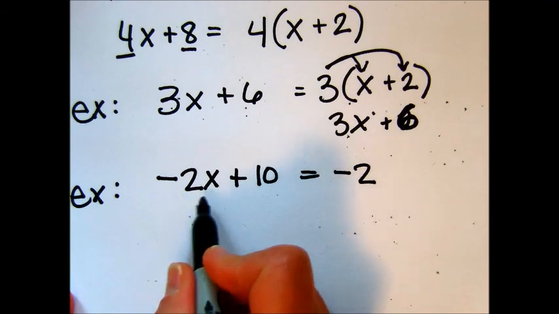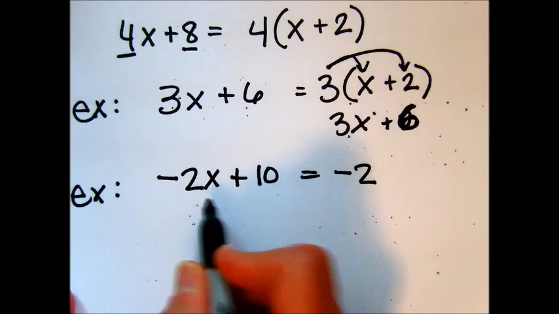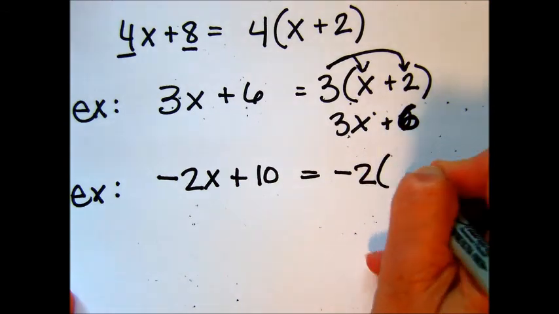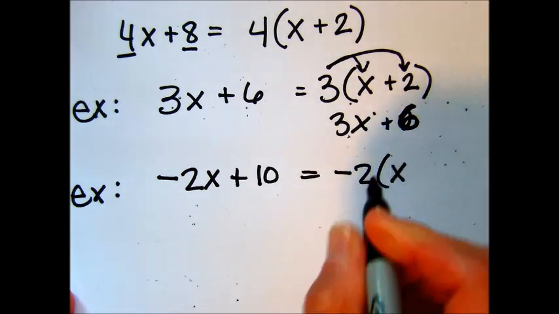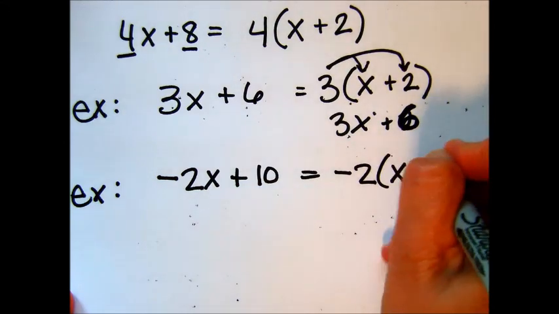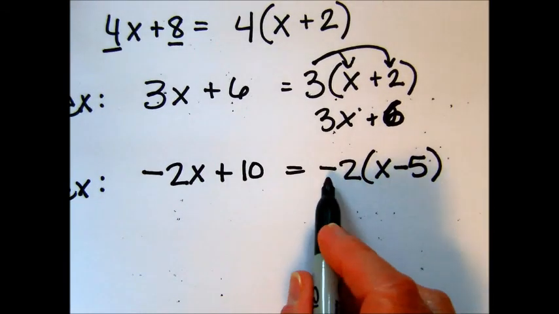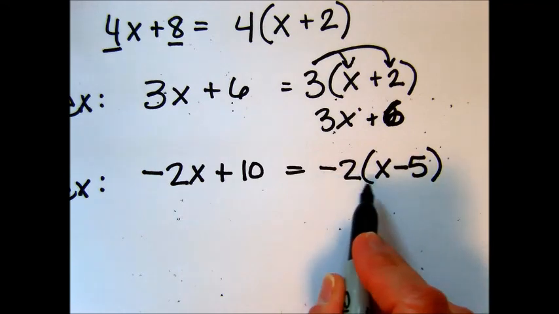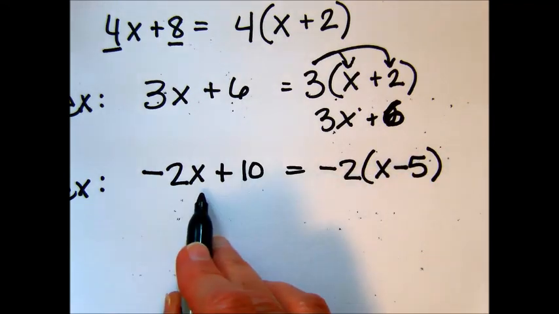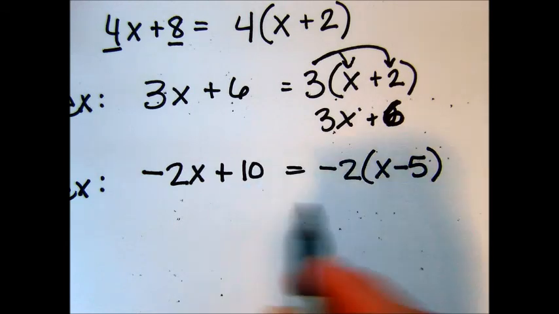So negative 2x divided by negative 2 is going to give you a positive x, or a positive 1x, so positive x. And 10 divided by a negative 2 is going to give you a negative 5. Okay? And again, if you want to double check, negative 2 times x is going to be a negative 2x, and a negative times a negative is a positive 10.